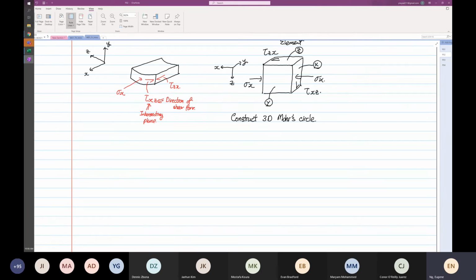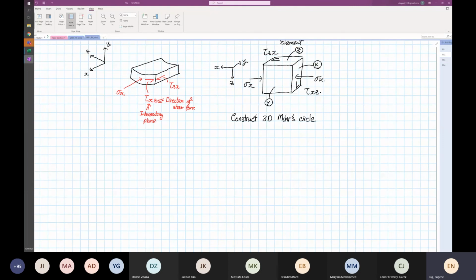No, it's still a circle. You guys have done 2D before. I believe most of you have done 3CO3, so you have seen Mohr's circle before. This is just a sketch. I'm just going to let you see what a 3D Mohr's circle looks like.